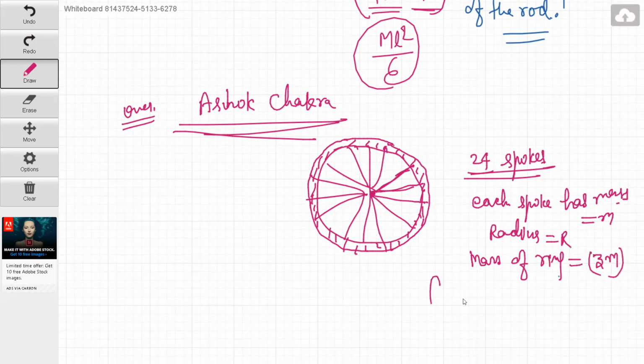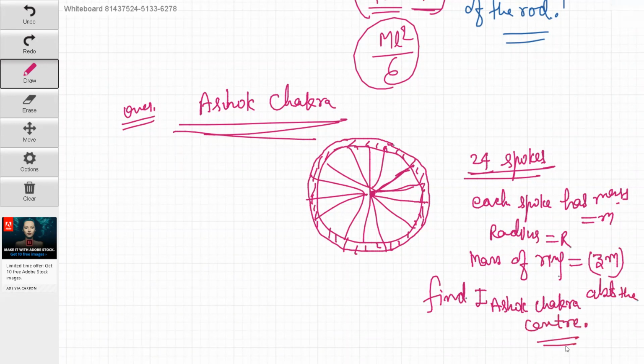Find the moment of inertia of Ashok Chakra about the center. Is this okay? Do it fast. This is a good question. Do it.